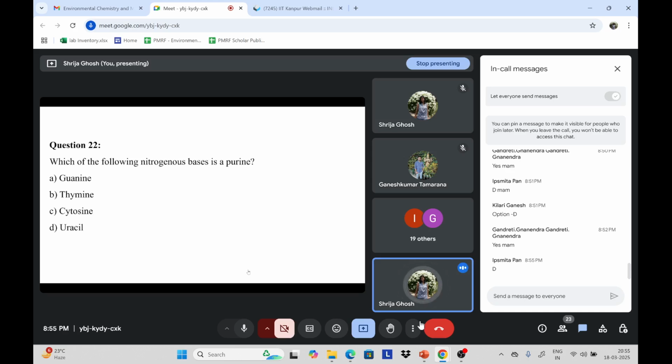I have one option in the chat box, option D. What about others? Anyone else wants to answer?